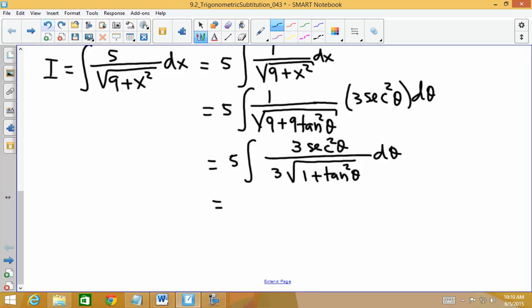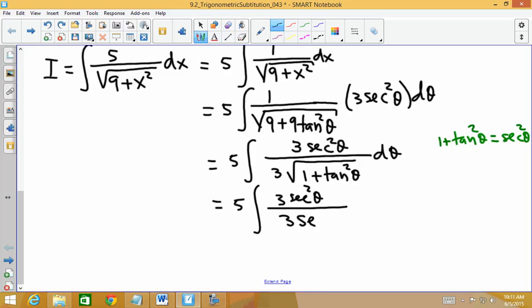And what is 1 plus tangent squared? 1 plus tangent squared theta is secant squared theta. So you take the square root, you get secant theta. Therefore, we get 5 times the integral of 3 secant squared theta on top, 3 secant theta on the bottom, d theta.